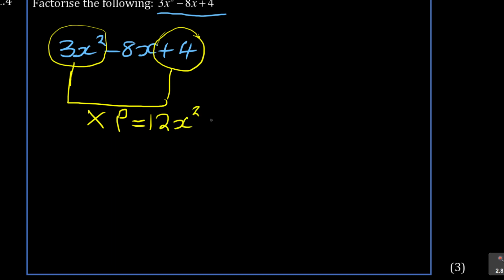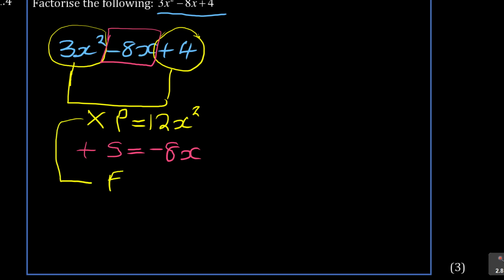And then the sum is the center number. Whatever you see in the center is my sum. The sum becomes negative 8x. Now I'm going to find the factors of the product, meaning I want the factors of 12.